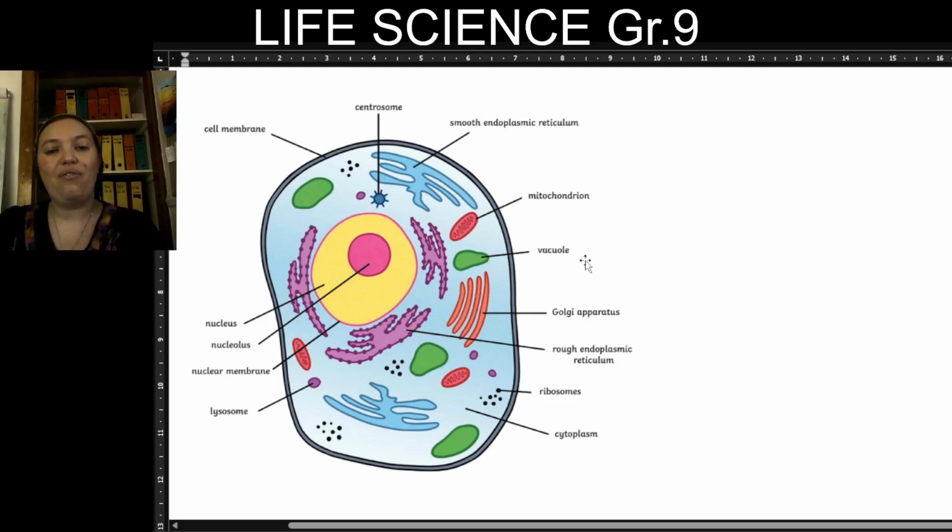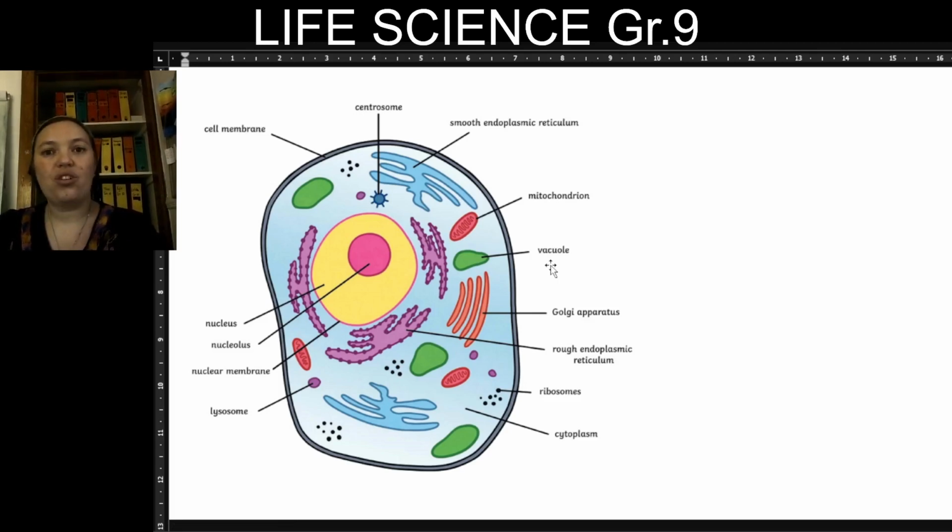What a vacuole does is it stores stuff. There's lots of material inside cells, like waste, starch, proteins, all kinds of things, and it gets stored in the vacuoles. And then right underneath that here we've got the Golgi apparatus.